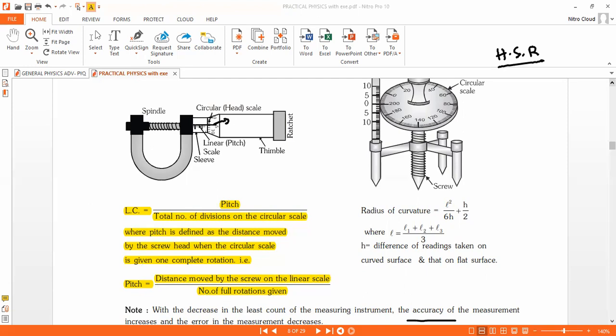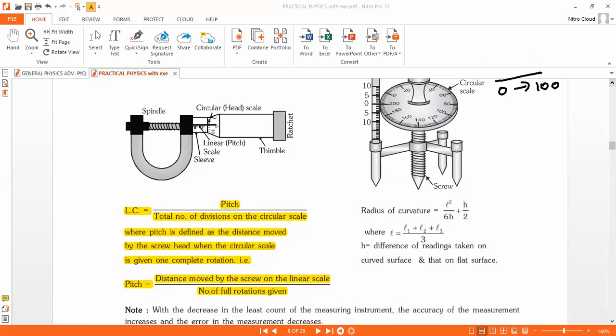Suppose after one rotation the distance moved is 5 divisions, then the pitch is 5 by 1. Now here you can see on the head scale, from 0 to 100, numbers will be there.